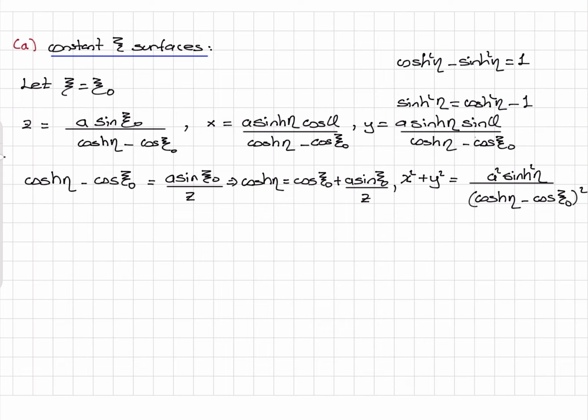Okay, so then I can rewrite x squared plus y squared. x squared plus y squared is equal to a squared, now for sinh squared eta, which I obtain here, I can use cosh squared eta minus 1, and cosh eta is given by this. So this is going to be a squared, and then I will have sinh eta squared, which is this squared minus 1.